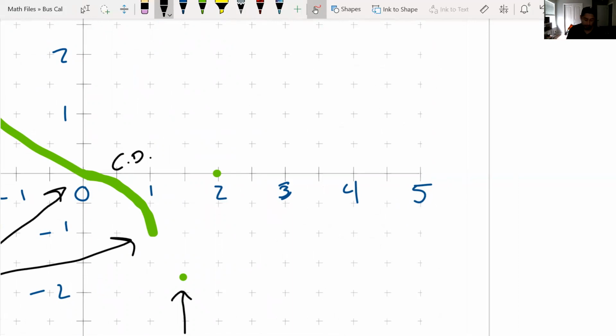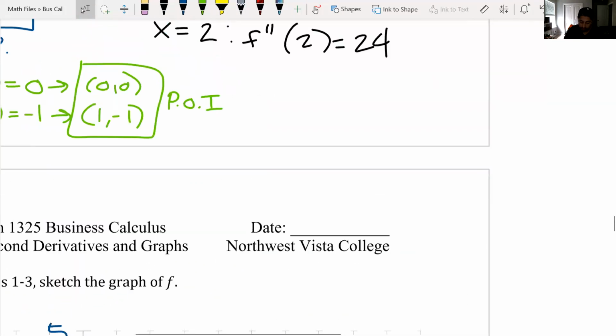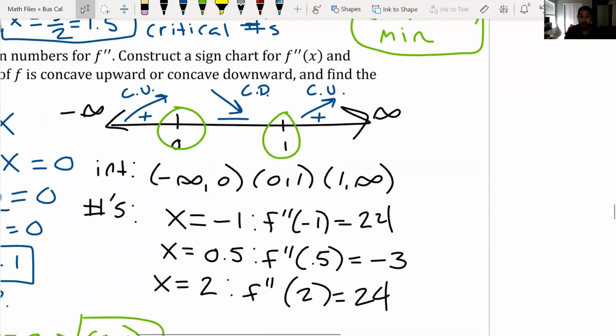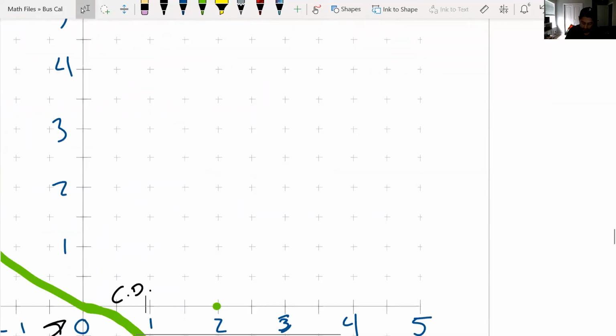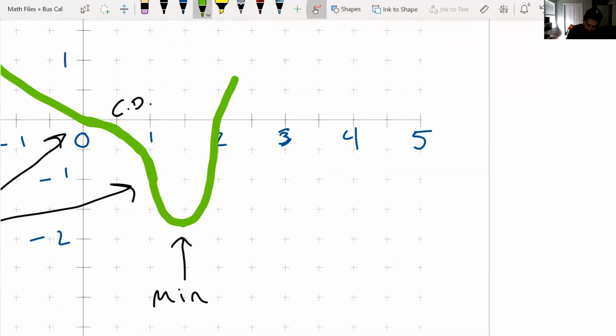Concave down. And then it says from 1 to infinity, we are concave up. So here's where we make the change. We now switch to concave up.